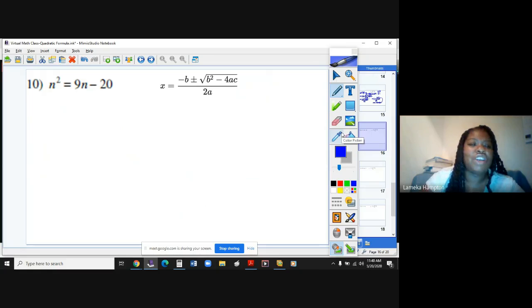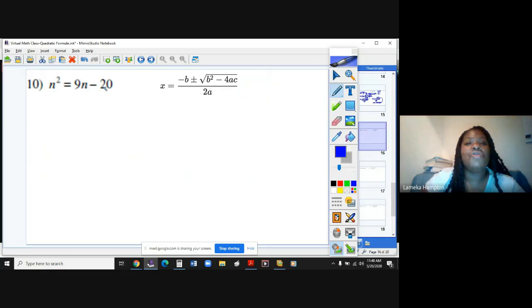Now we have a situation with number 10. We have n squared is equal to 9n minus 20. I'm going to tell you this right now so it won't be a misunderstanding: you are not going to subtract n squared. If you were thinking that, don't do that.